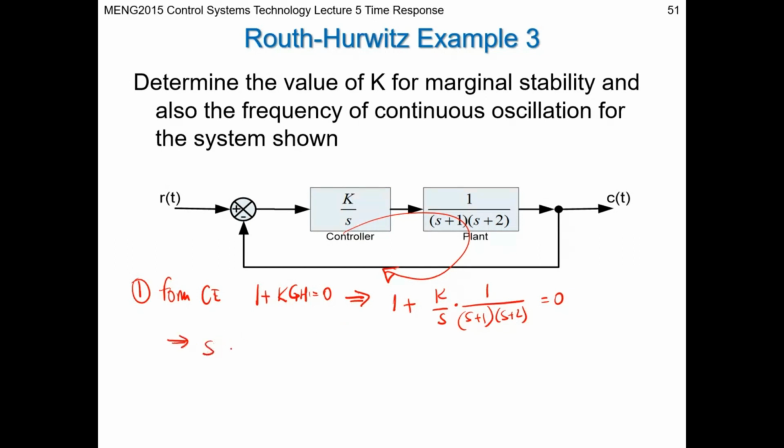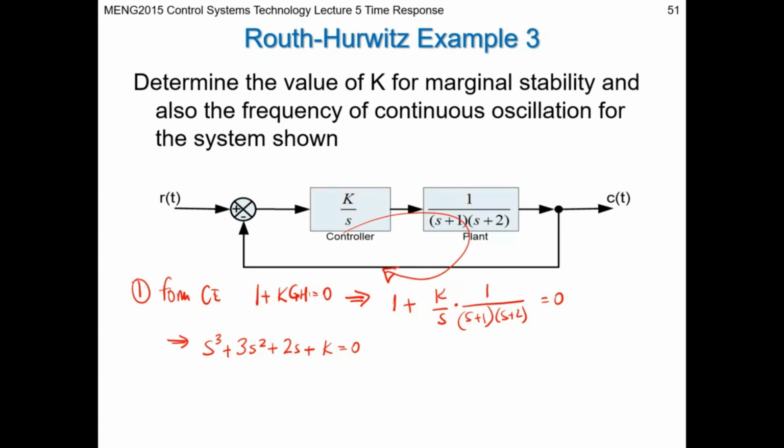So it expands out to, I think, s cubed plus, I'm just trying to do it in my head here, make sure, s cubed plus 3s squared plus 2s plus k equals 0, I think.